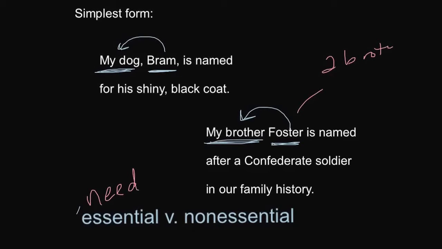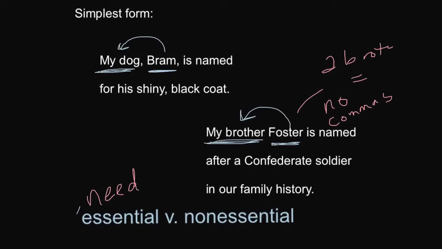Since I have two brothers, it's essential that I tell you which brother I'm talking about. Since it's essential, there are no commas. Anytime you're telling which one out of a group. So if I tell you John Steinbeck's book, The Pearl, I don't use any commas because John Steinbeck wrote a bunch of books.